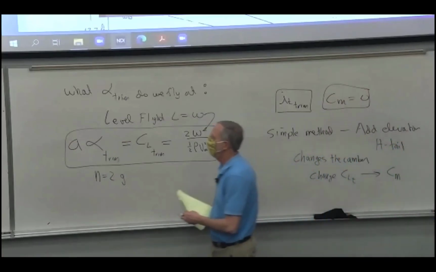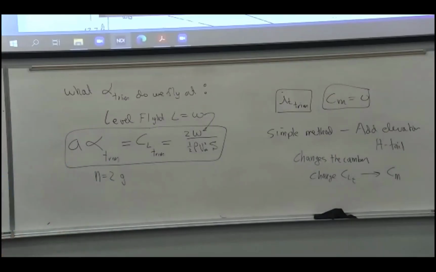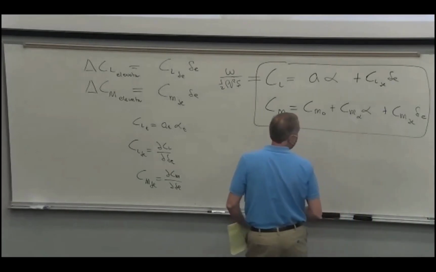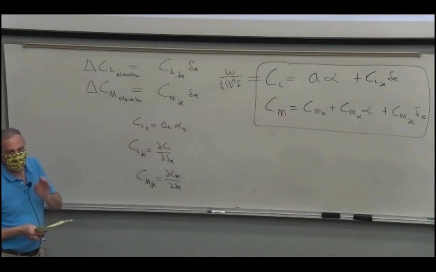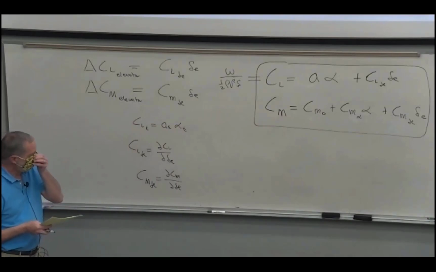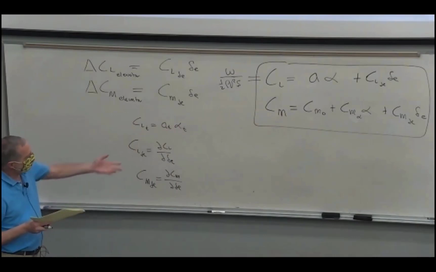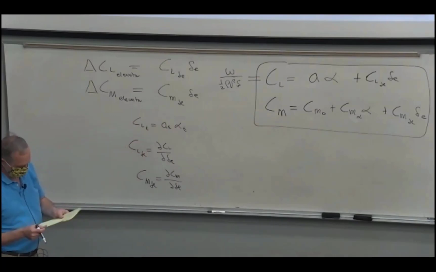But with the elevator changes the lift and the pitching moment. So you'll see that in our homework, I'll ask you to trim the airplane two different ways using IT and elevator. And don't be confused if it's really easy to calculate the IT and the alpha for that problem because they're decoupled, whereas here we have to solve two equations and two unknowns.